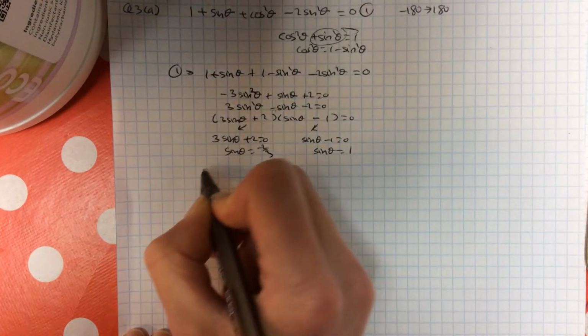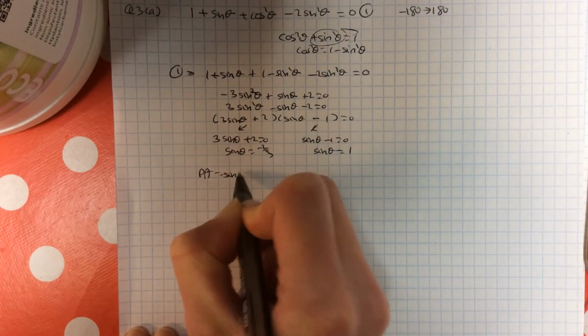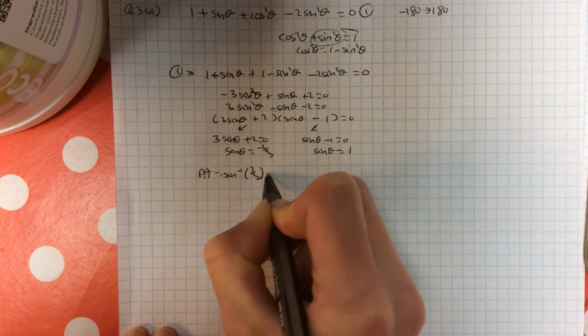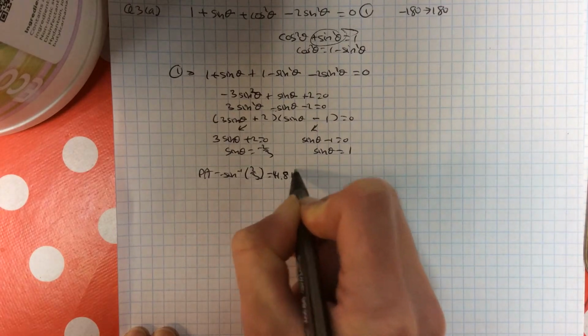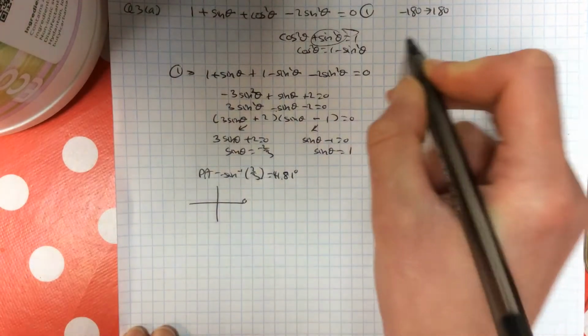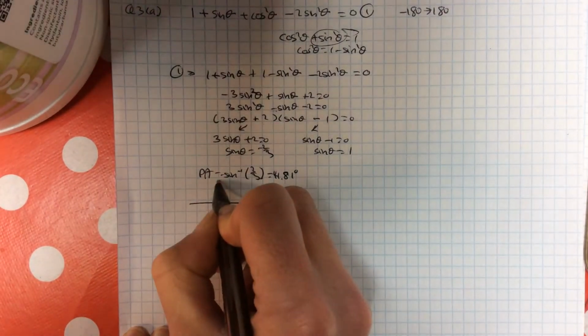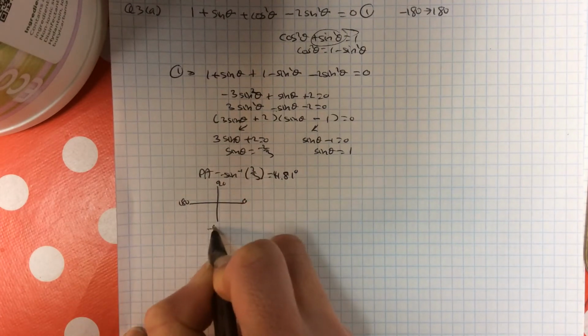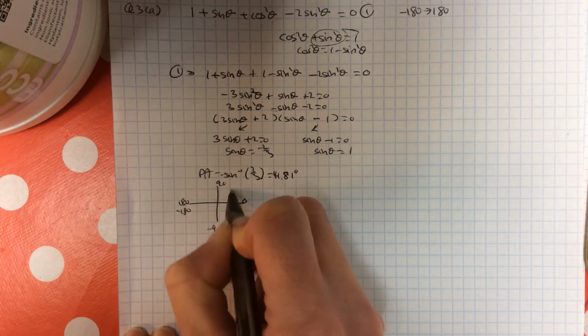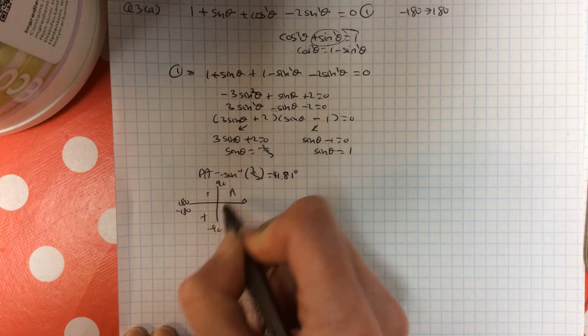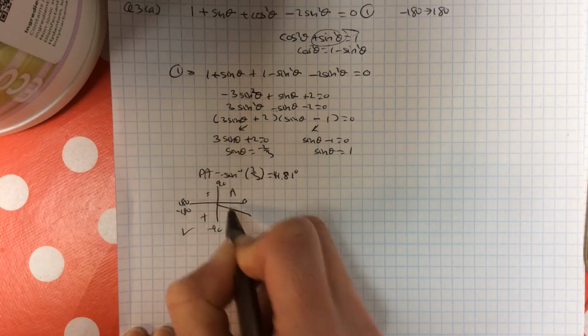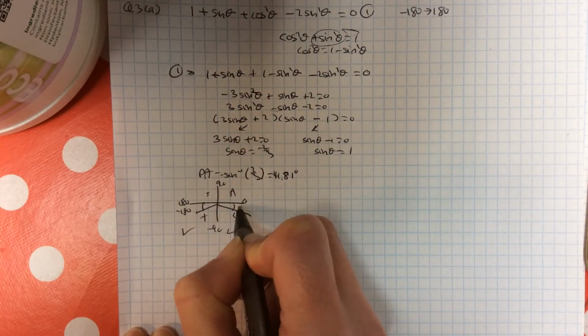For this one here, work out the principal angle. So go inverse sine 2/3 to give you 41.81 degrees. The interval is between minus 180 and 180, so it's a split interval. CAST. Sine is negative, so it's these two. Always draw your principal angle from the horizontal.